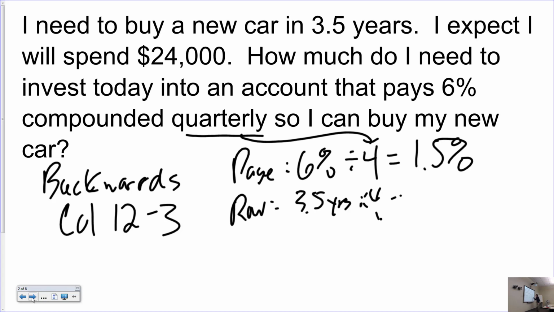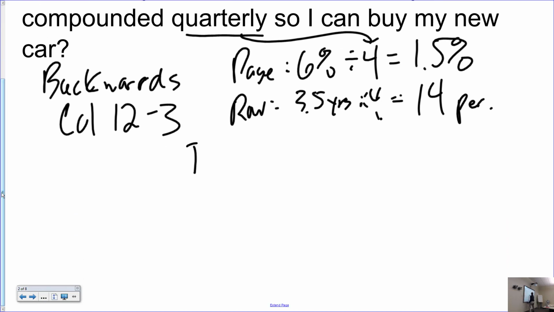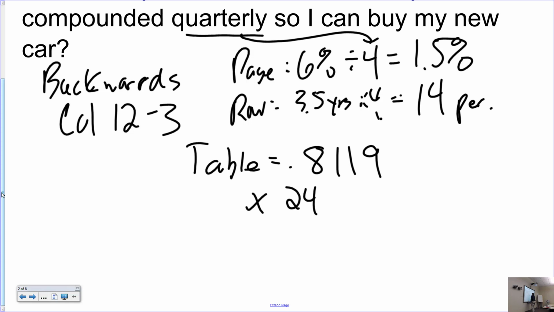And my table was, I write it differently, so I go 24,000 times 0.8119, which equals 19,485.60.